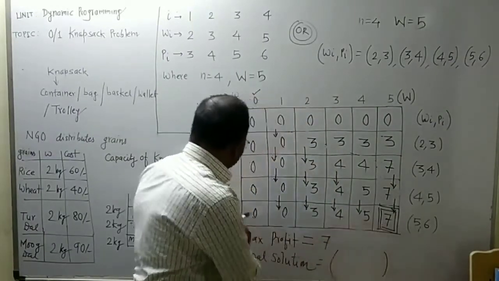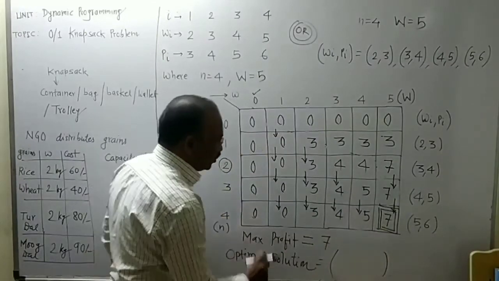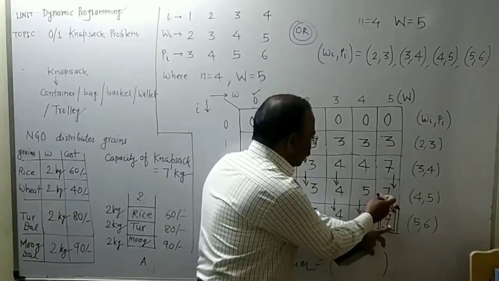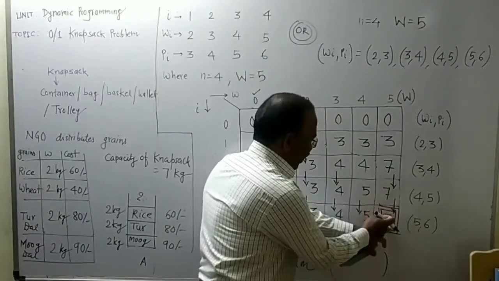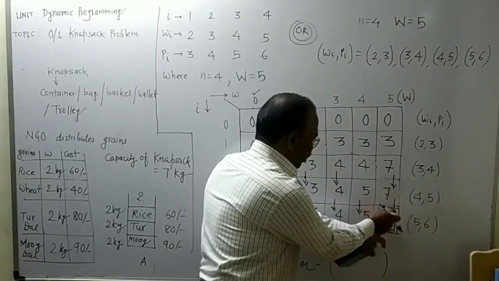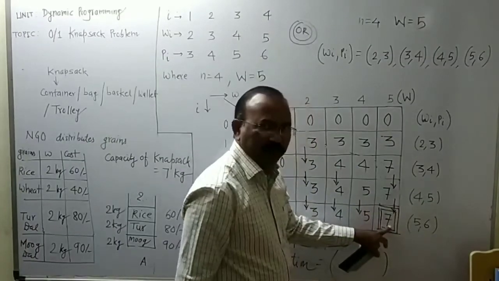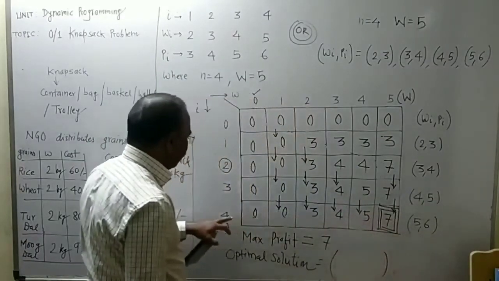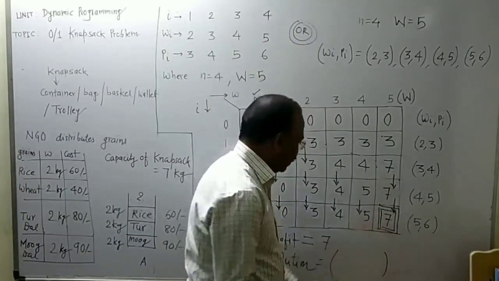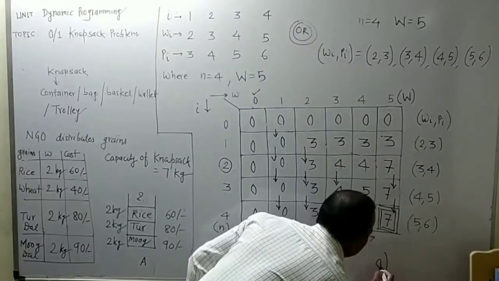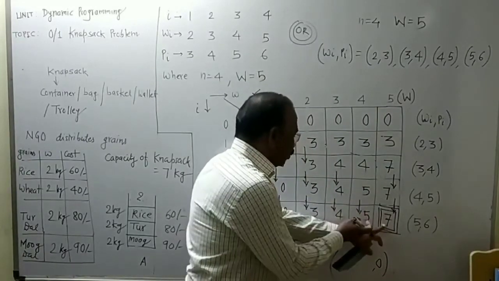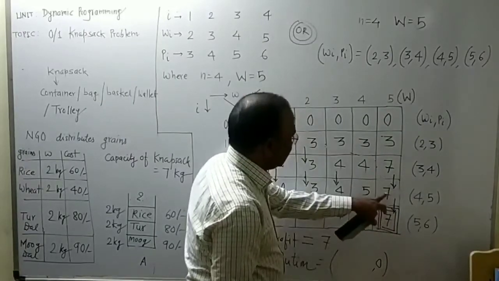To include the fourth object in the optimal solution, we have to check that the upper value should not be equal. But here the upper value is equal. 7 is equal to this current value. That's why we cannot include 4. Now when we do not include the 4, then we have to write 0. Then go to the upper value, that is 7.